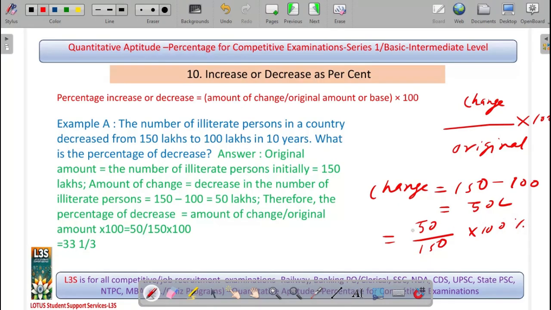So we can say this is 3. So this will be 100 by 3%, that is 33 1 by 3%. So this is the percentage of change or percentage of decrease. This is how we have to do it.